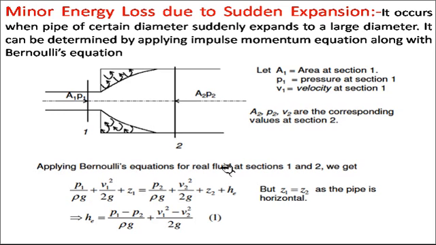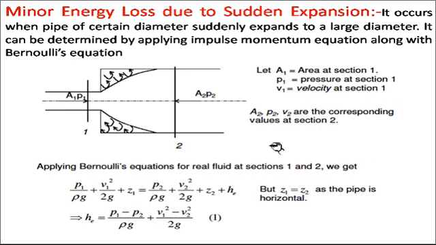Now from the figure we will concentrate on section 1 and section 2. At section 1 we have the area A1, intensity of pressure P1, and velocity V1. At section 2 we have the area A2, intensity of pressure P2, and the velocity V2.